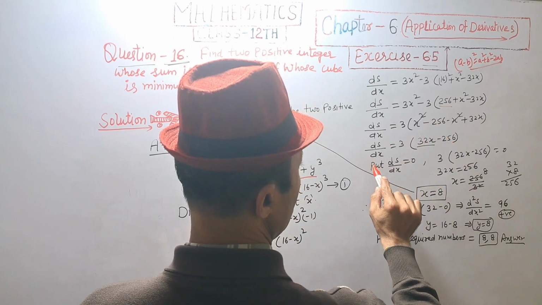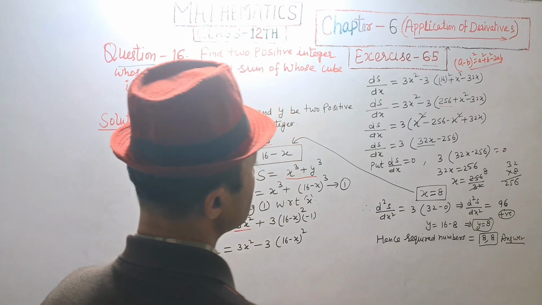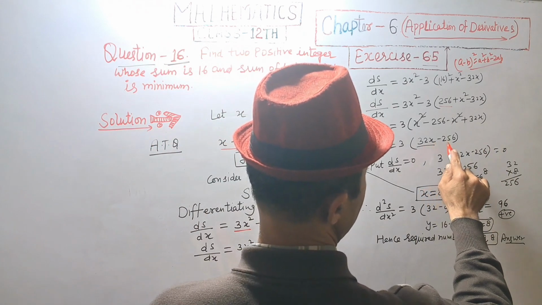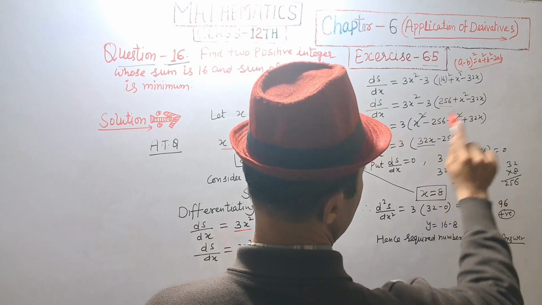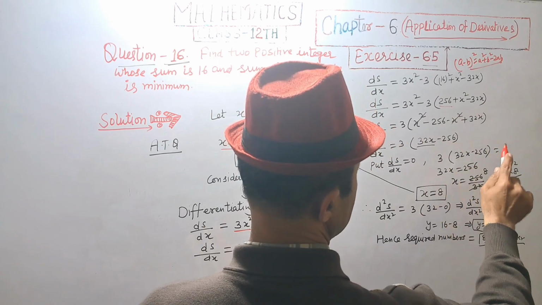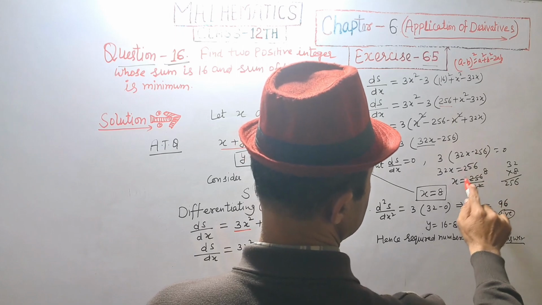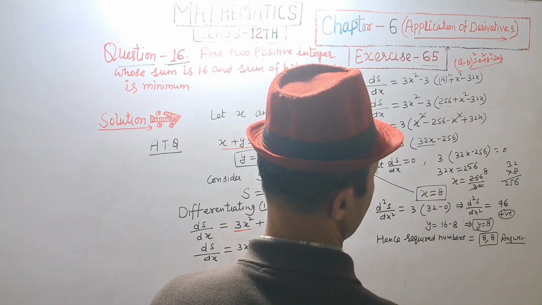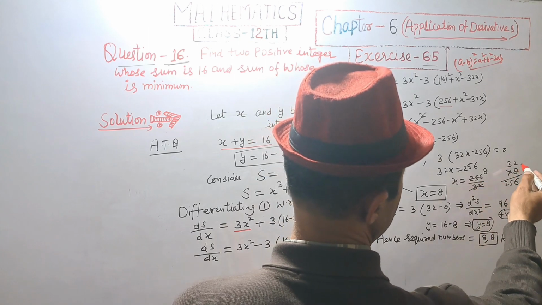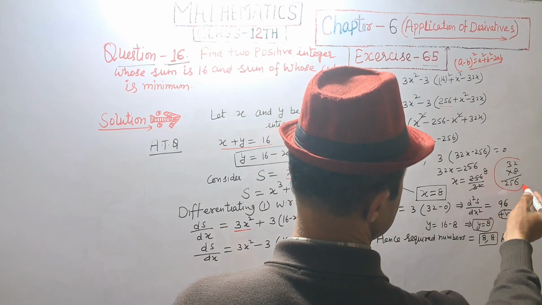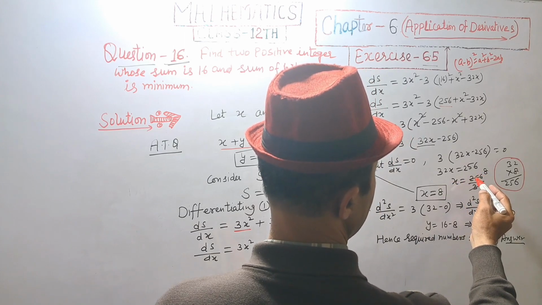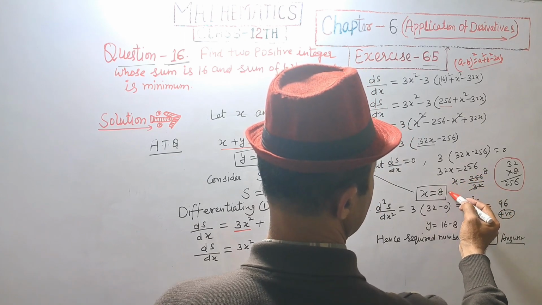Put dS upon dx equal to 0. 3 will not be 0, so 32x minus 256 equal to 0. 32x is equal to 256 and x equal to 256 divided by 32. 32 8s are 256, so this is completely divisible by 8, and we find the value of x is equal to 8.